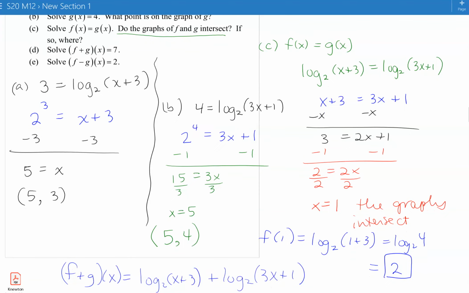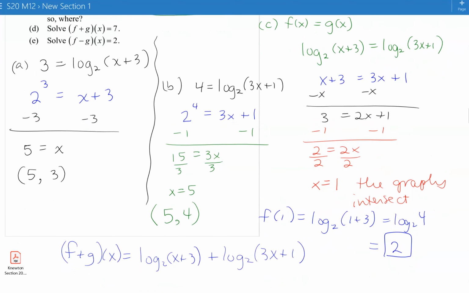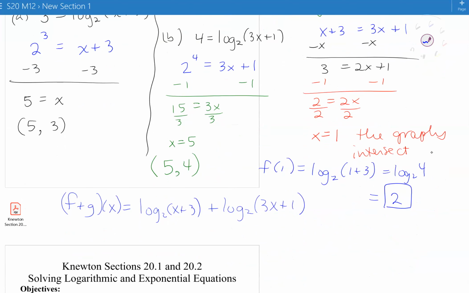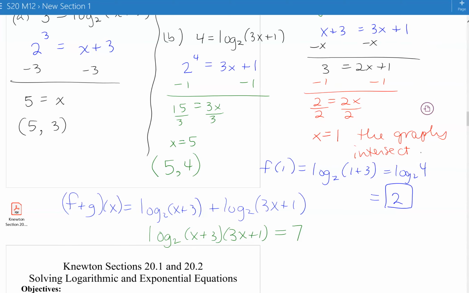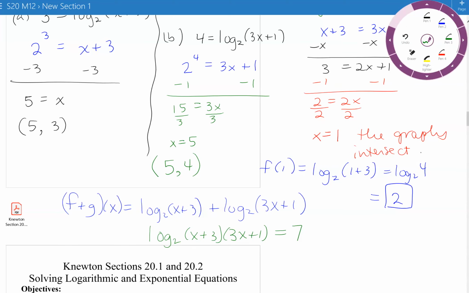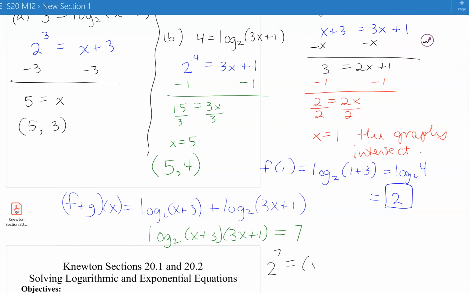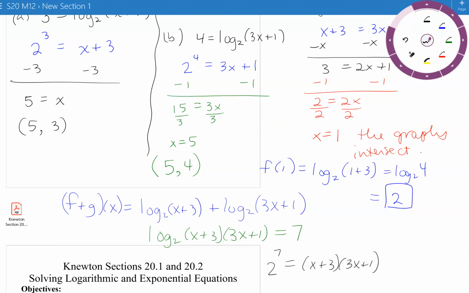And if I want to know when that is 7, I'm going to say log base 2 of (x plus 3) times (3x plus 1). When does that equal 7? And I don't think this has a pretty answer. I think 2 to the 7 equals (x plus 3) times (3x plus 1). Oh, actually, I think this one is solvable.